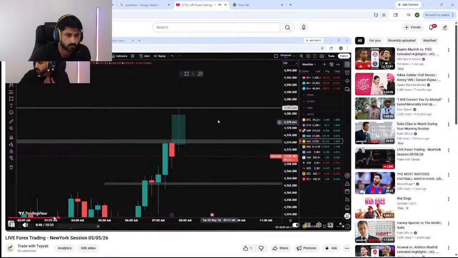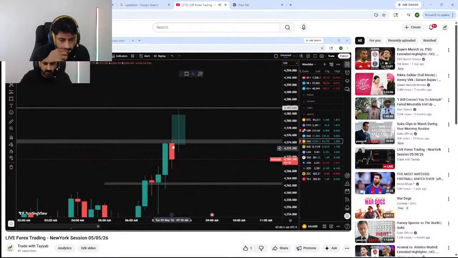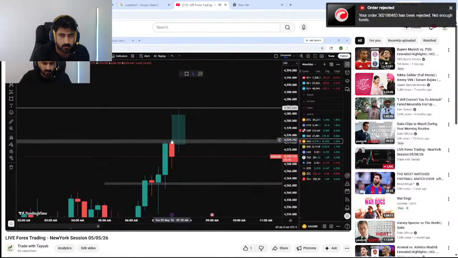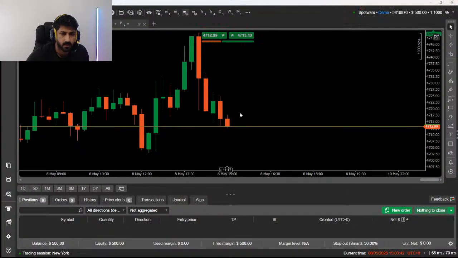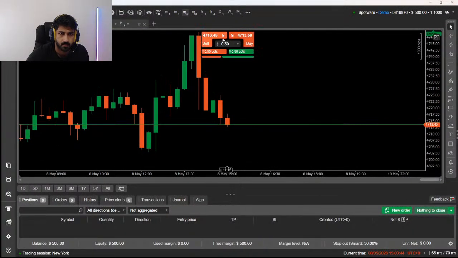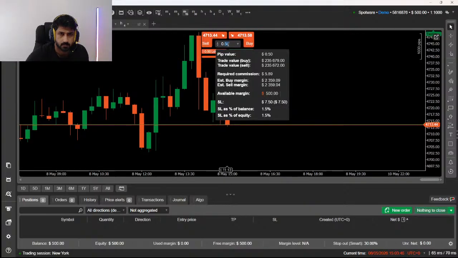If that can happen, then that would be great. So if this candle can close like this and the next candle can just break above its previous candle's high and continue to push, that would be a trade that I'll be willing to take. But right now it's just waiting time.